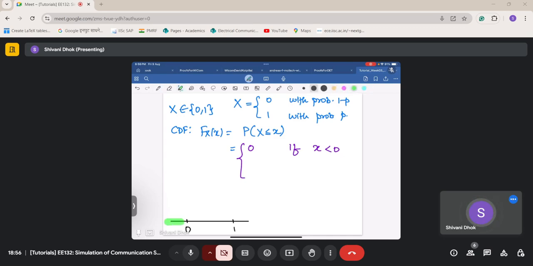So in this region, it will be equal to 0. Note that it is not 0 at 0. Now, if I am in this region, that is including 0 and excluding 1, so if I am between 0 less than or equal to x less than 1, then in all this region, x equal to 0 will be included, and x equal to 0 has probability 1 minus p.